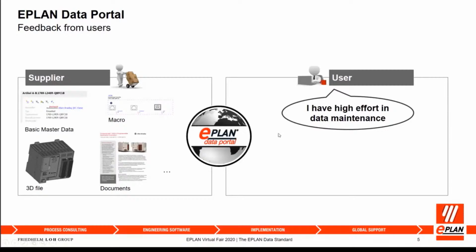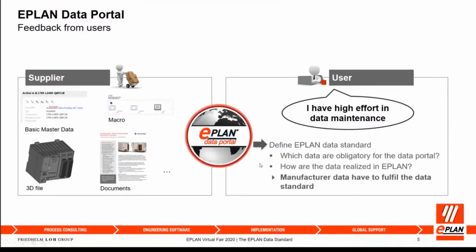They need the data in a standardized, uniform way, and they did not find it in the data portal yet. So what we decided last year, and what we are hard at work on this year, is the EPLAN data standard. It's the first time for EPLAN that we define the style and the content of a data set in the EPLAN data portal.